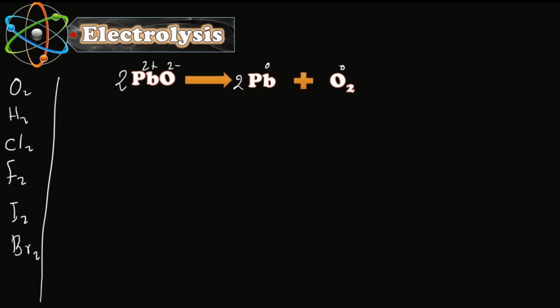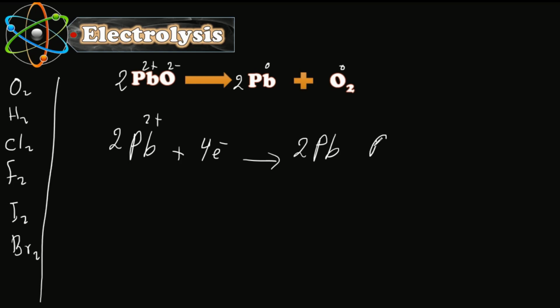We look at the equations here. So 2 Pb 2 positive. Now to lose the positive charge, they will gain how many electrons? Every atom will gain 2 and we have 2 atoms, so 4 electrons will give us 2 Pb without a charge.